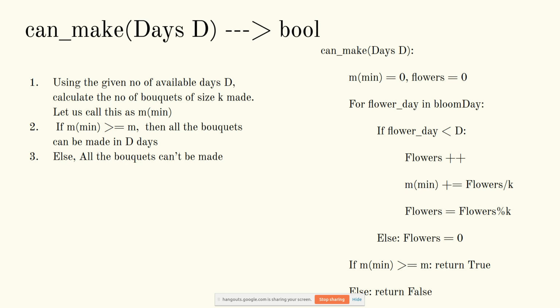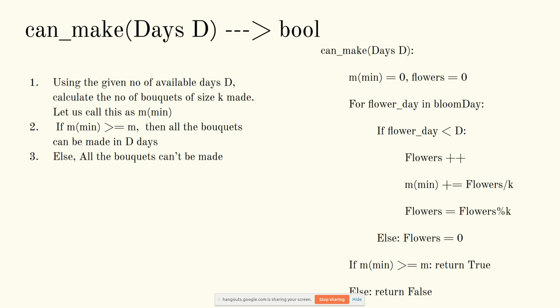Flowers is also updated because we are using a multiple of k. Let's say p bouquets are made with the flowers, and the remaining flowers can be used for the next iteration, for the next bouquet. So we save these flowers as flowers equals flowers mod k.